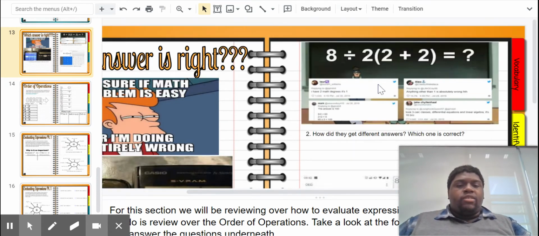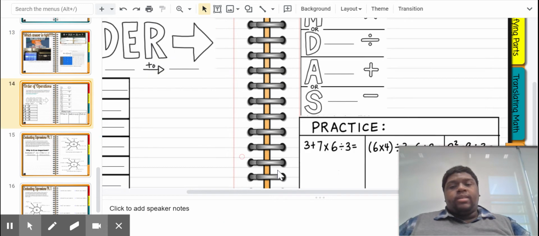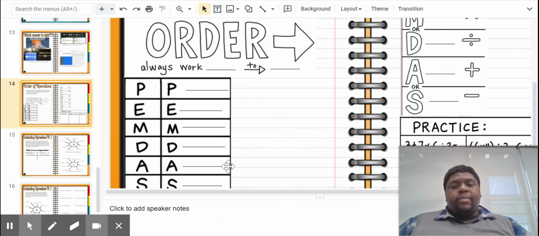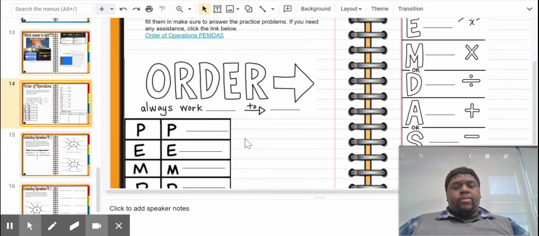You're going to have three of these and you're going to answer those questions. Now, on the next page, this is going over order of operations. It's been a while since you've probably seen this, but you more than likely know this. So on these, let's talk about what goes into these blanks.